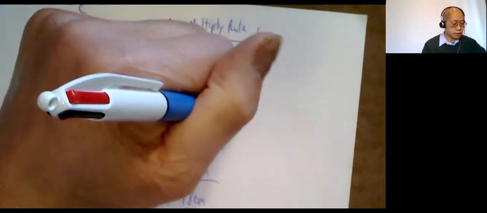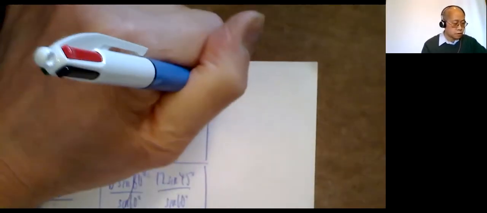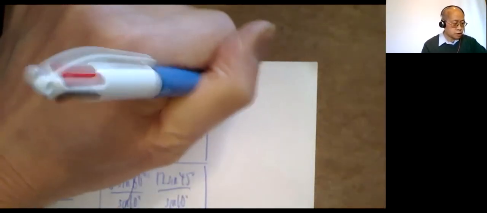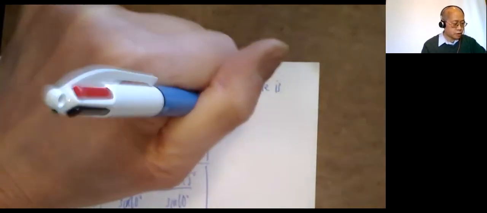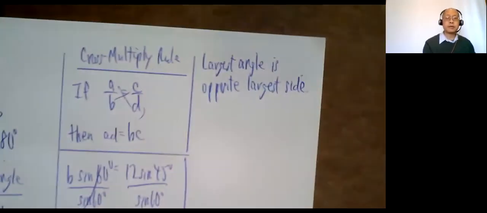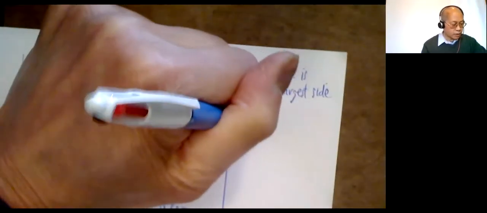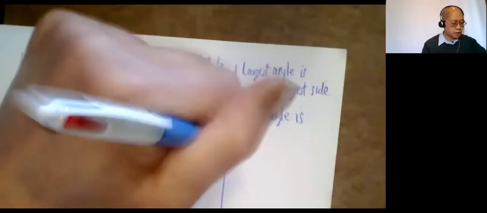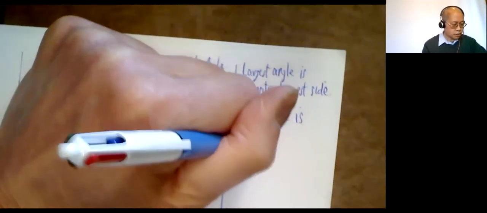So I'll put that down here. Largest angle is opposite the largest side, and likewise the smallest angle is opposite the smallest side.